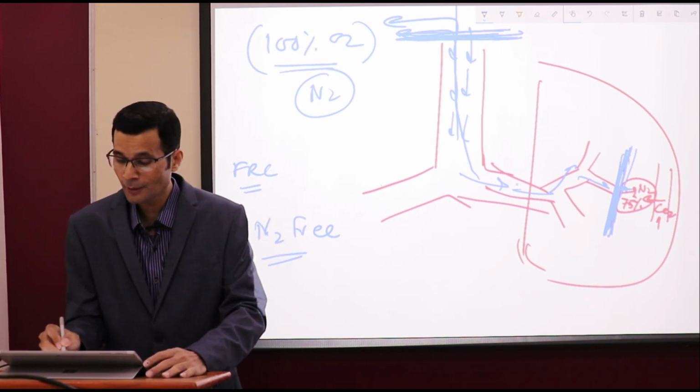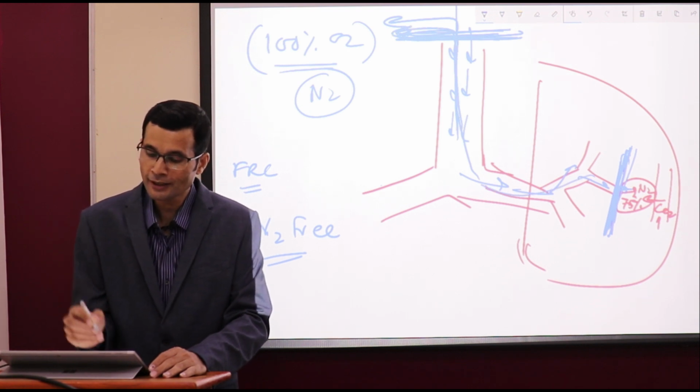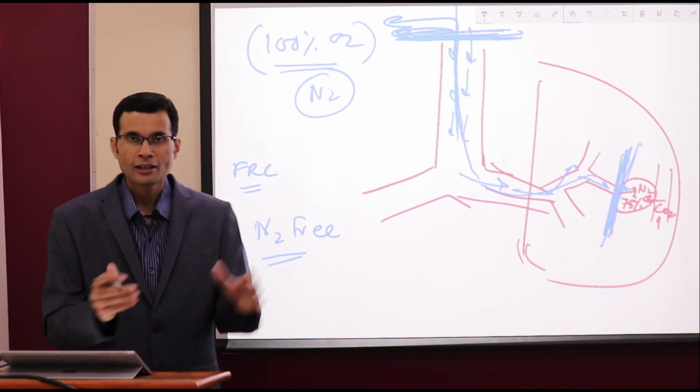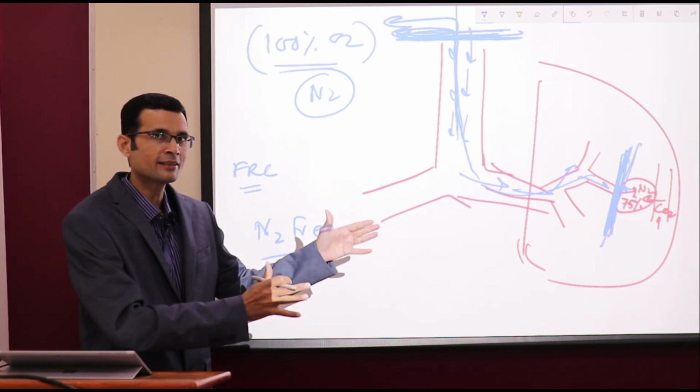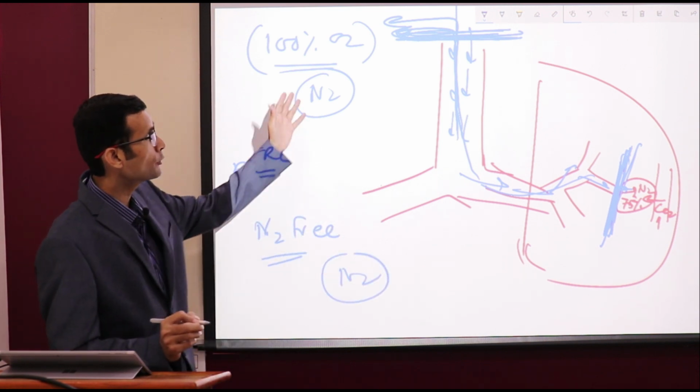That means that becomes the first part of the exhaled air. Coming from the dead space, it will be nitrogen free. And then after a certain volume has been exhaled, the nitrogen will start coming out in this exhaled air.